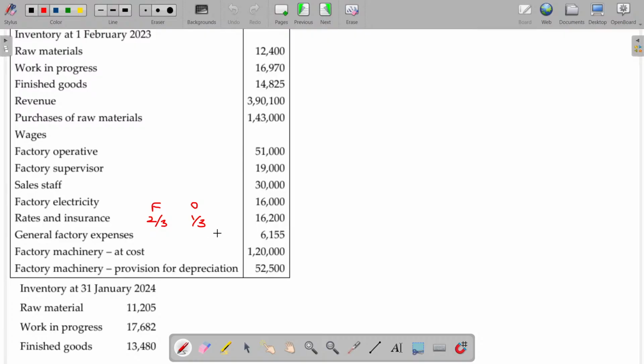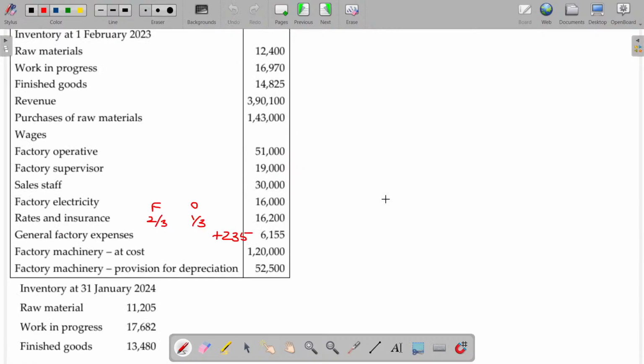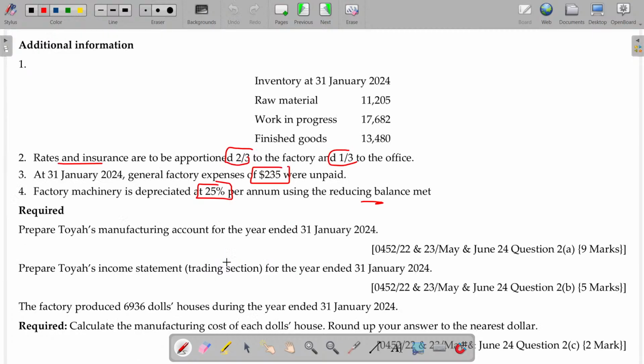General factory expenses add 235. Factory machinery is depreciated at 25% per annum using reducing balance method. Factory machinery, you have to subtract this, and on that 25% will be calculated. Everything is incorporated in the one single page itself. Prepare manufacturing account and income statement trading section.